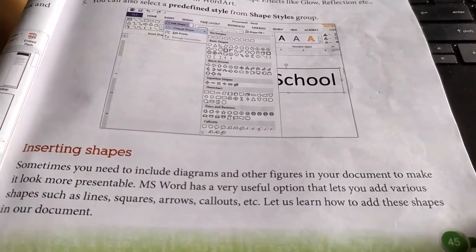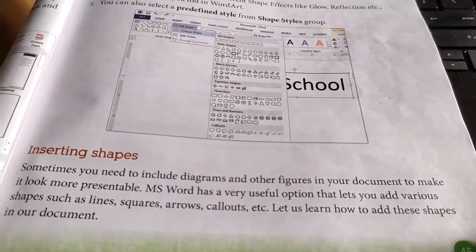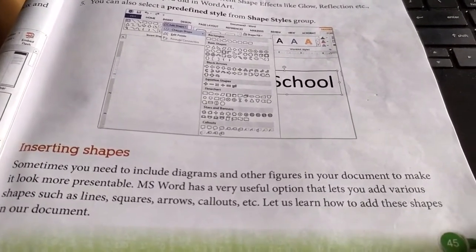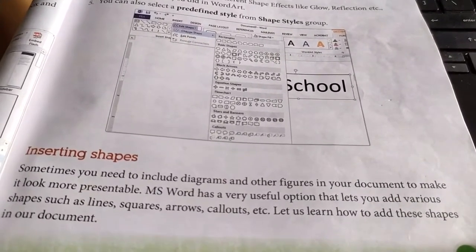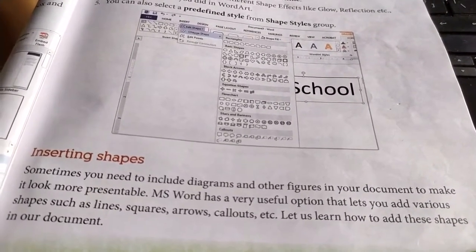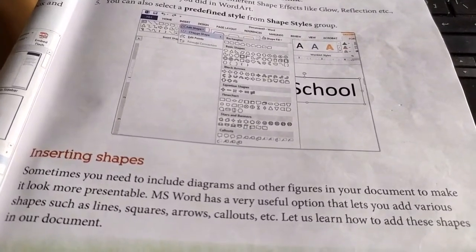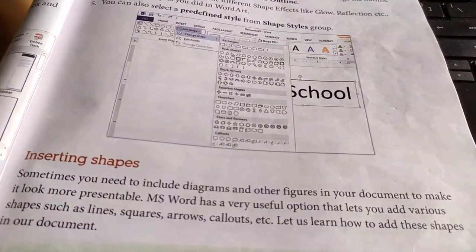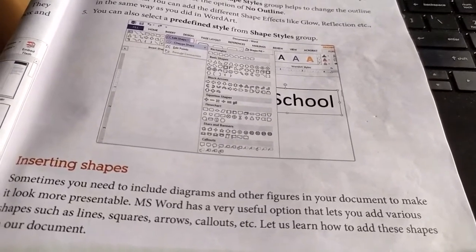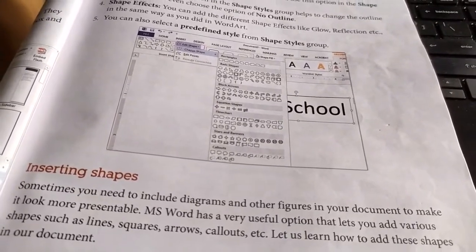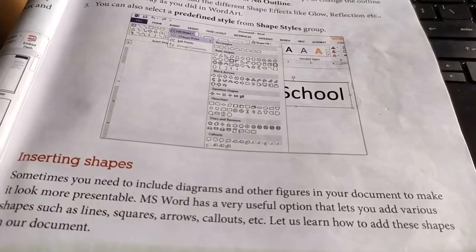Sometimes we need to include diagrams and other figures in our document to make it look more presentable. MS Word has a very useful option that lets us add various shapes such as lines, squares, arrows and callouts. Now using the shapes we can put those things in our document.